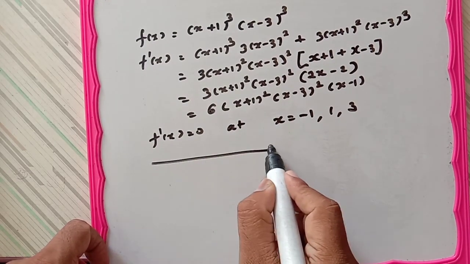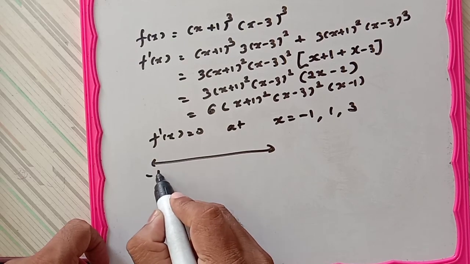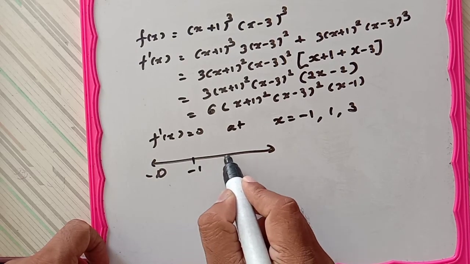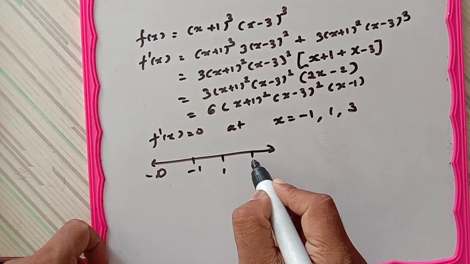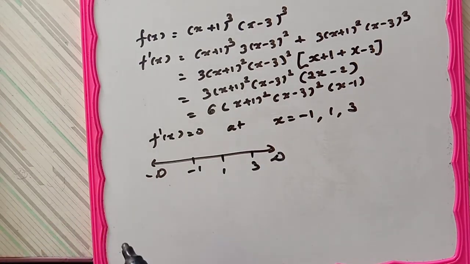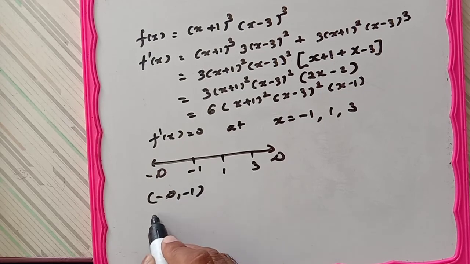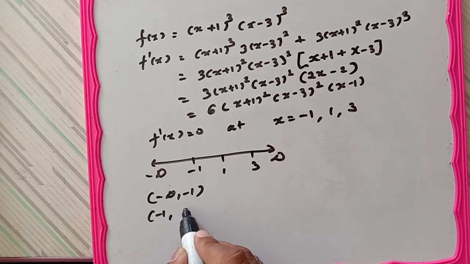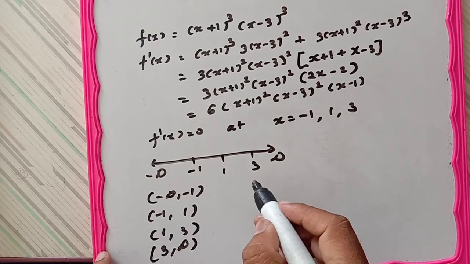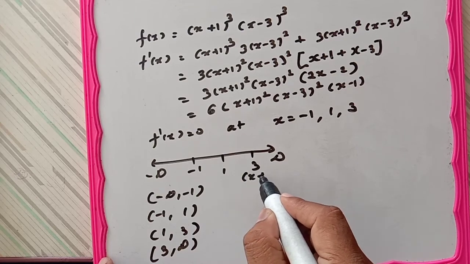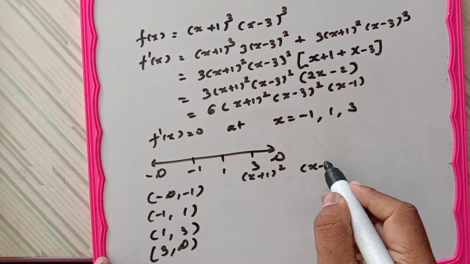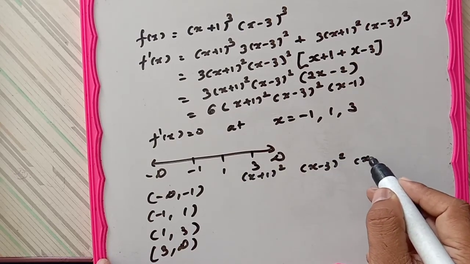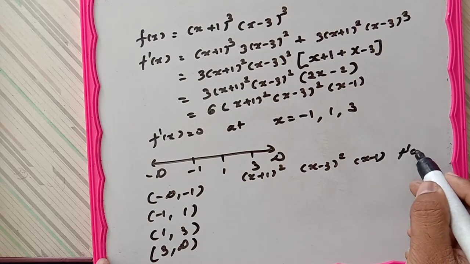And so we have intervals minus infinity to minus 1, minus 1 to 1, 1 to 3 and 3 to infinity. So here x plus 1 square we can take, x minus 3 square we can take, x minus 1 and f dash x.